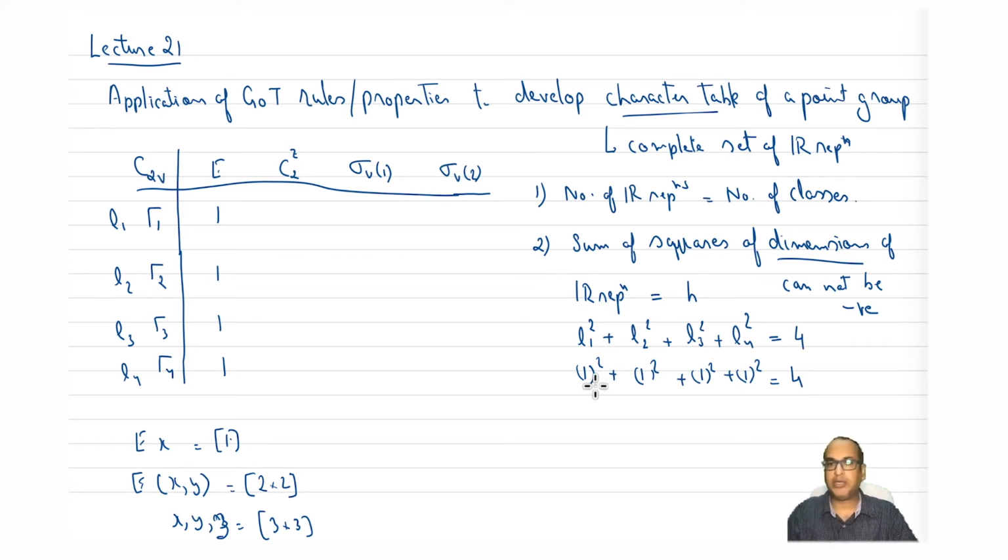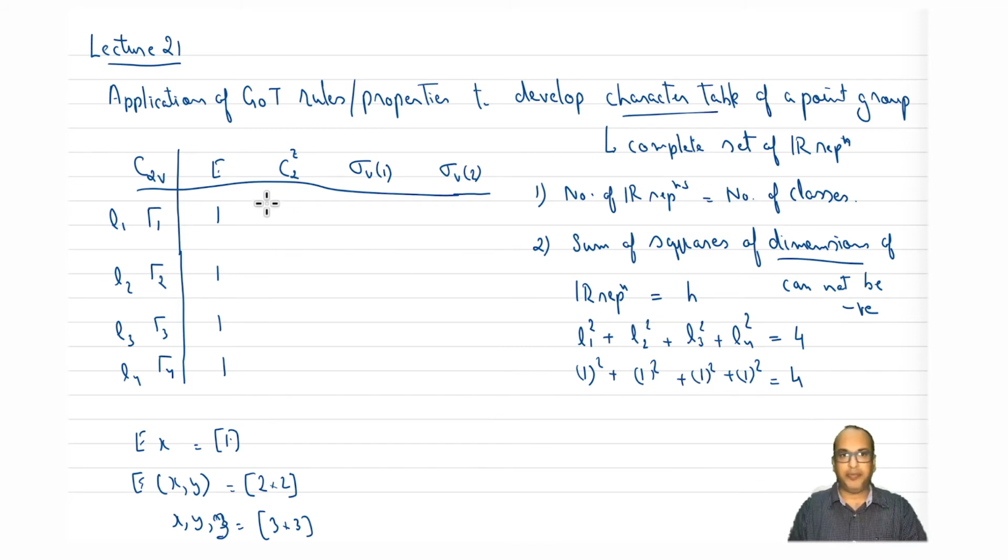The only solution is 1, 1, 1, 1, because we cannot take negative values as these are dimensions, and the dimensions are nothing but the trace of the matrix under E. So we can safely write 1, 1, 1, 1 here. You can write it as a matrix or as a trace. Because it's a one-dimensional representation, it does not matter whether you write it as a trace or a matrix, but in this case, we are actually determining only the trace.